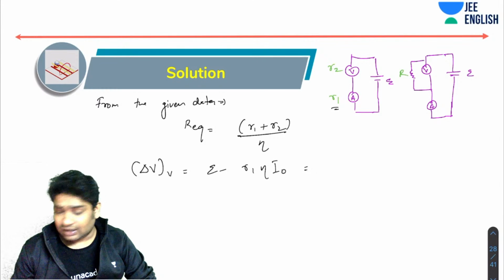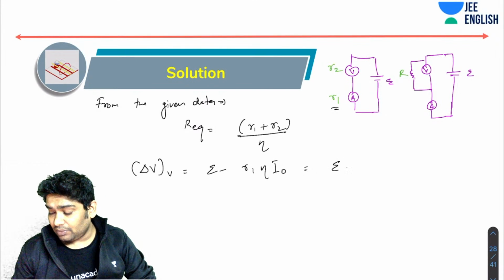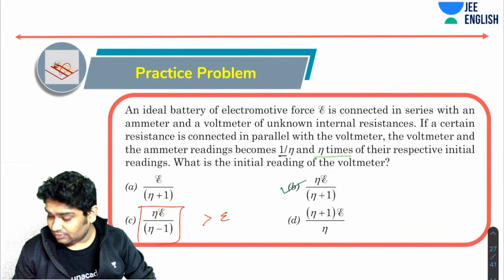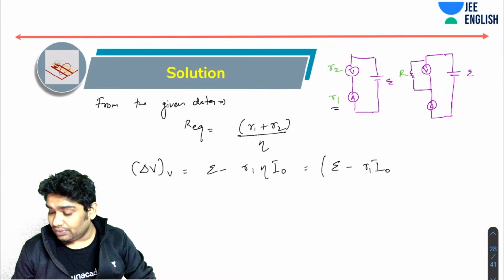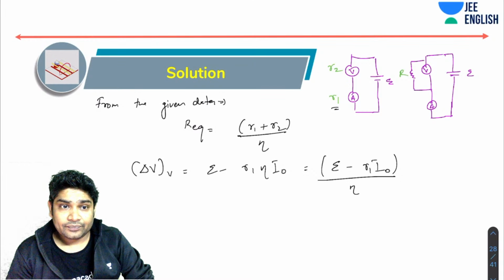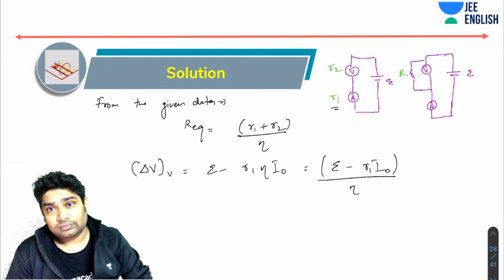I naught being the initial current. That would have been epsilon minus R1 I naught by eta. So this was the initial drop and that is the final drop. Okay, do you guys agree? That is according to the data.